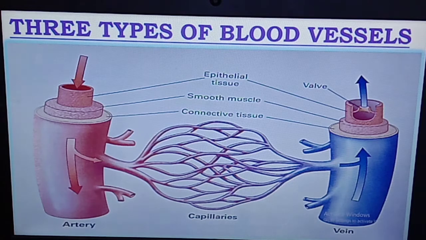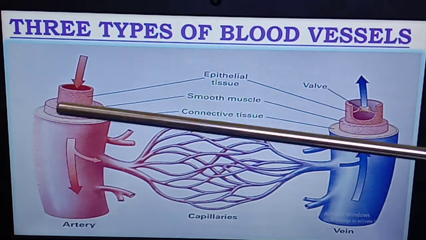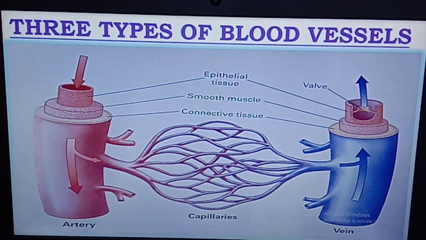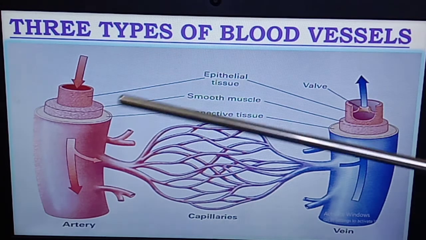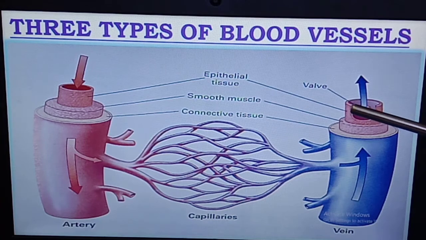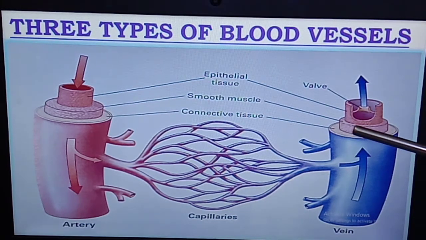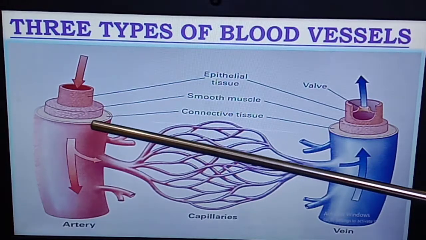As you can see in the picture, the walls of arteries, capillaries, and veins consist of epithelial tissue surrounded by smooth muscle tissue and connective tissue.